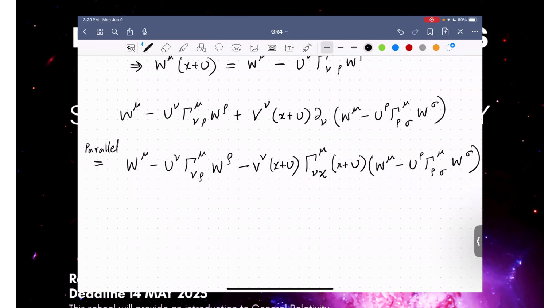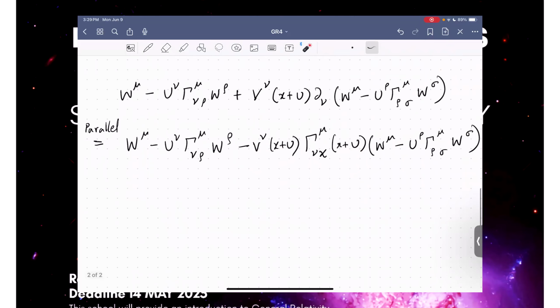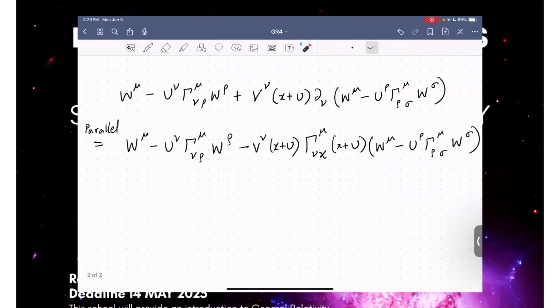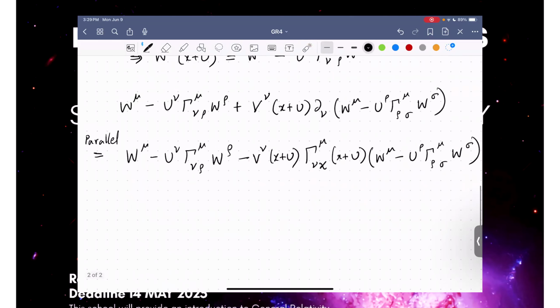Now, once again, we are going to replace all functional dependence, such as this x plus u, by using Taylor series and keeping terms that are linear in the Taylor series. So what you will find at the end of the day is, actually, I'm going to simplify even a bit further.